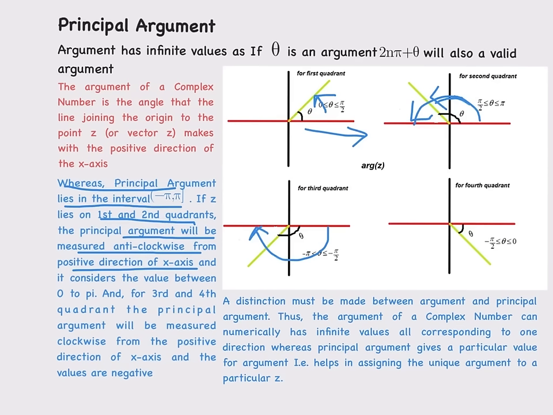For the third and fourth quadrant, the angle is negative. We take the anti-clockwise direction as positive, and the clockwise direction as negative.